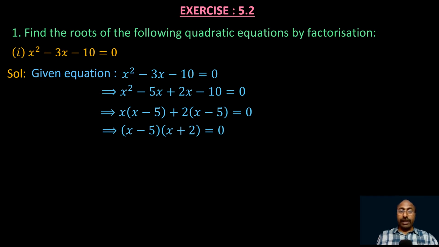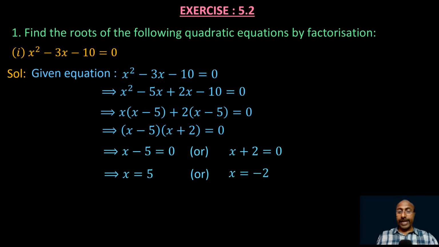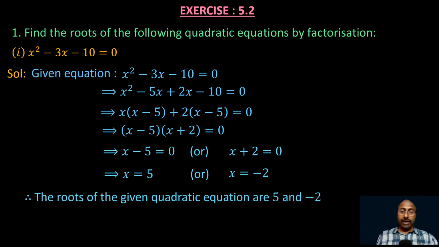As the product of these two linear expressions is equal to 0, either must be equal to 0. That is, either x minus 5 equal to 0 or x plus 2 equal to 0. So from x minus 5 equal to 0, we can write x equal to 5. And from x plus 2 equal to 0, we can write x equal to minus 2. So the roots of given quadratic equation are 5 and minus 2.